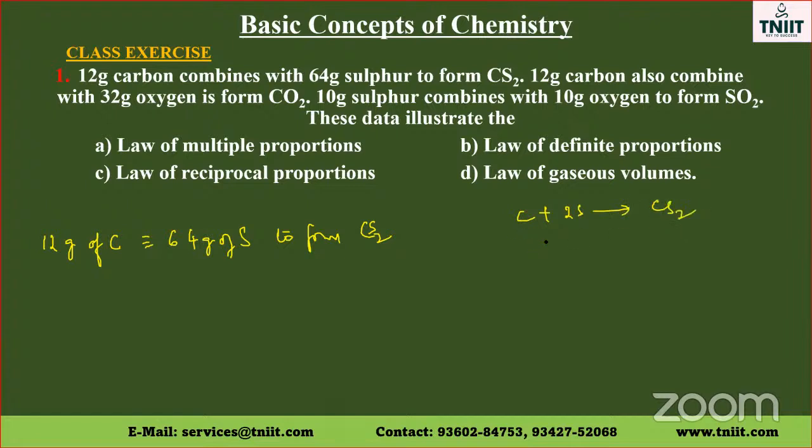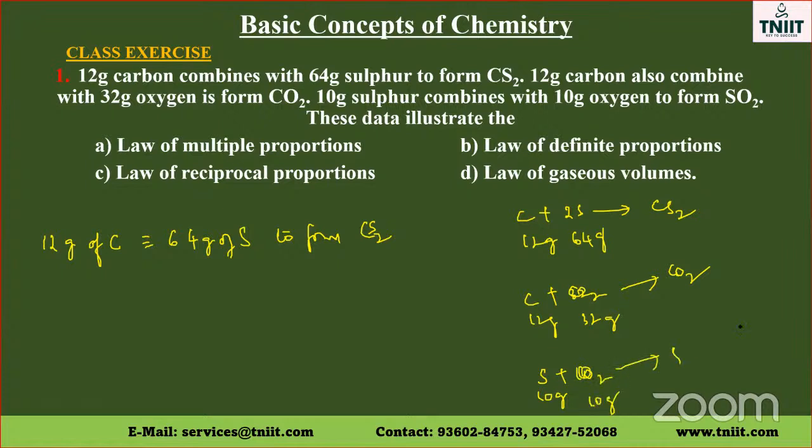The second case: 12 grams of carbon combines with 32 grams of oxygen to form carbon dioxide. The next one is 10 grams of sulfur reacts with 10 grams of oxygen to form sulfur dioxide.